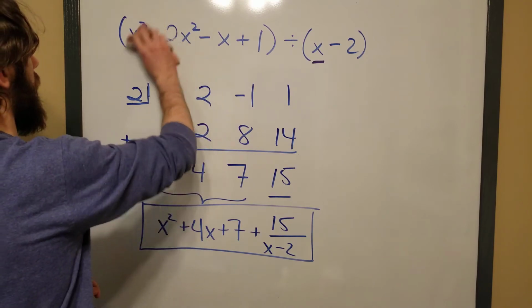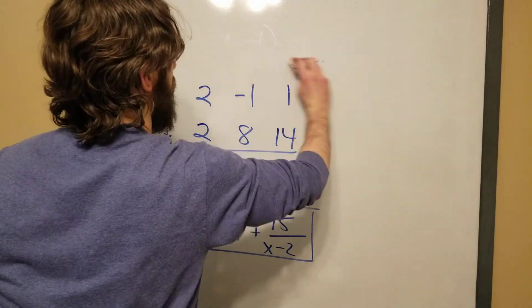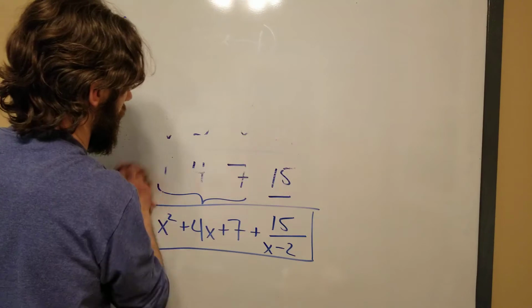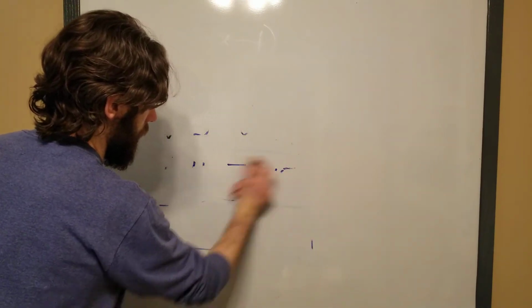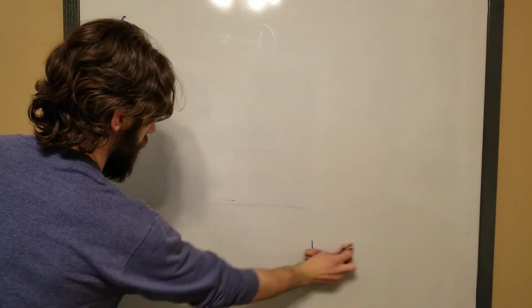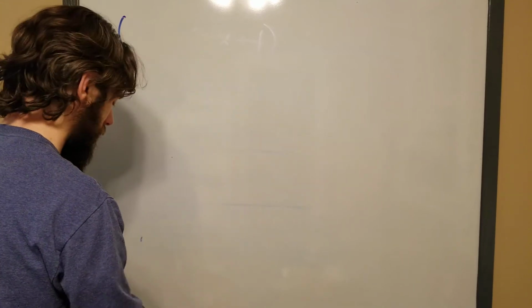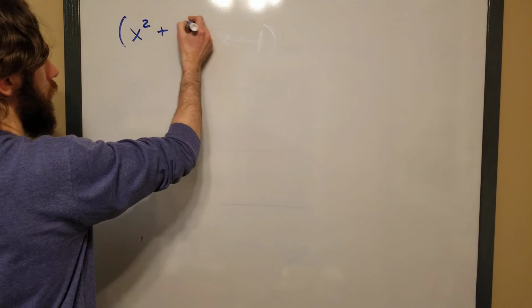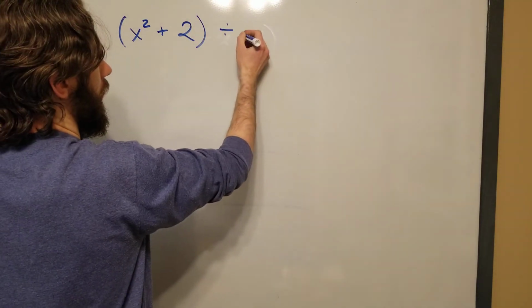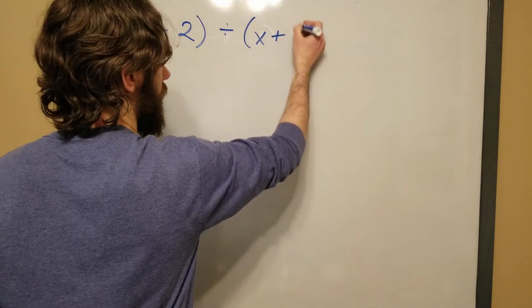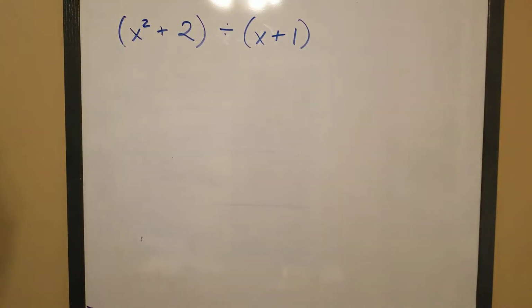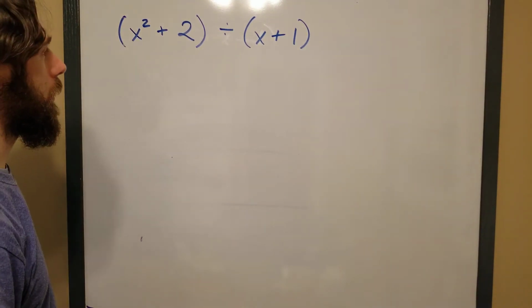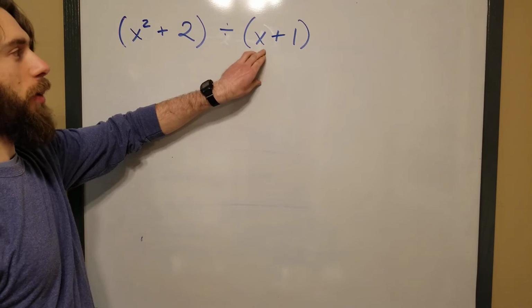So let's try. What did we have? X squared plus 2 divided by x plus 1. Okay, so we do have the right form of divisor.